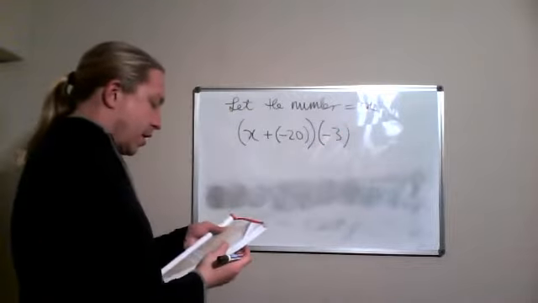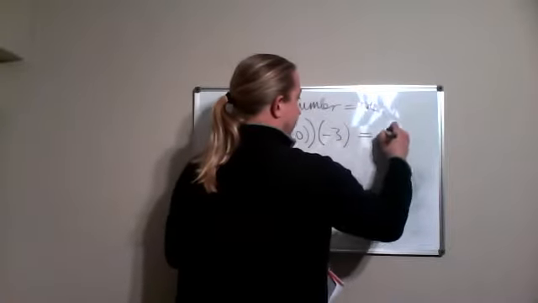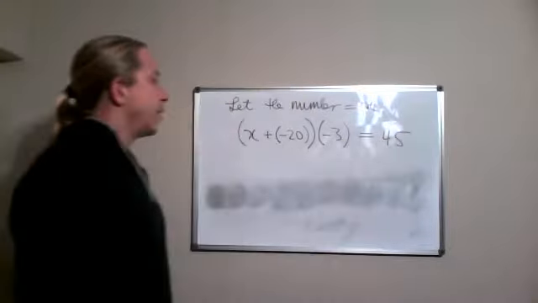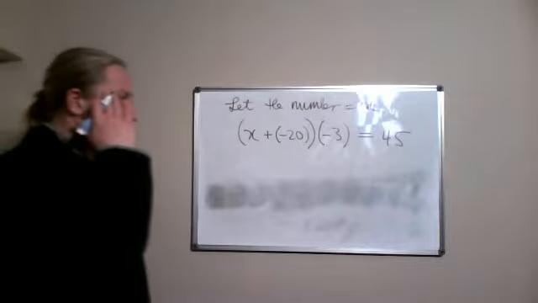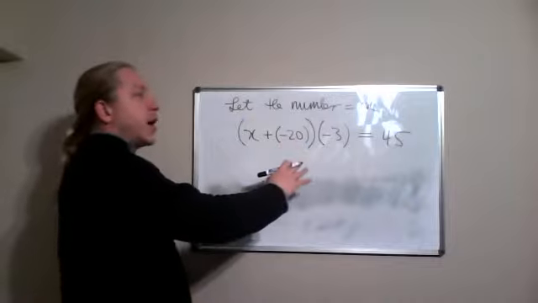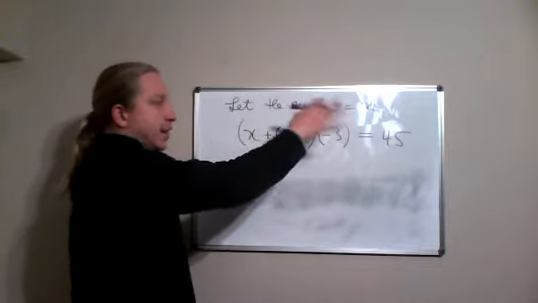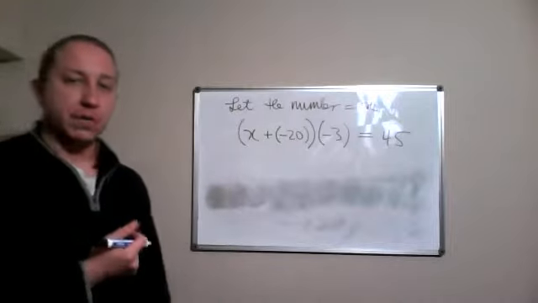The answer to that is 45. That's the story they told us. We need to now work through these brackets, get the unknown, which is the x, take all the other numbers to the other side and solve the equation.